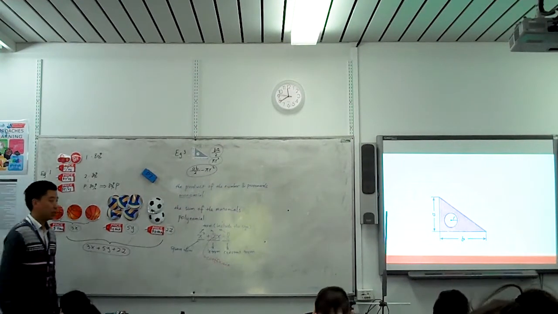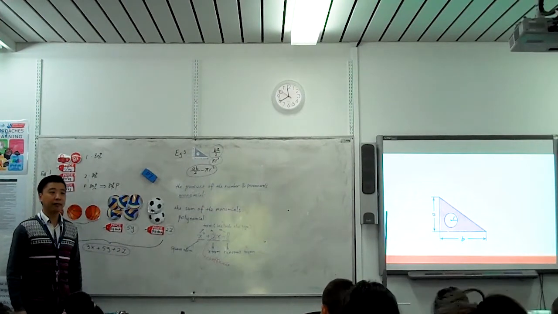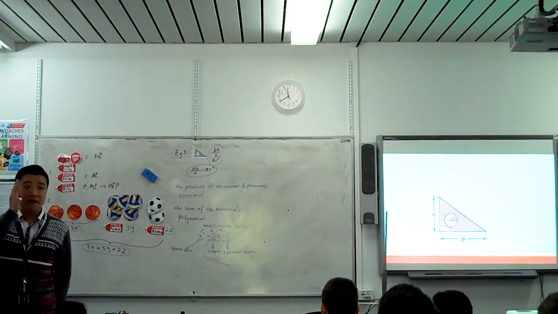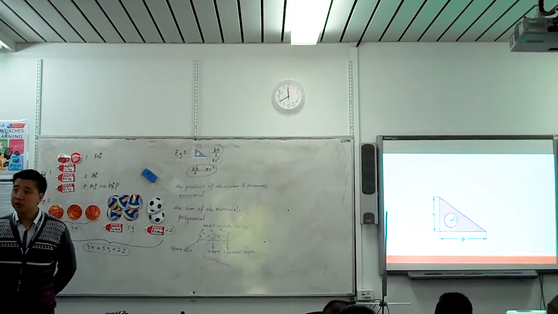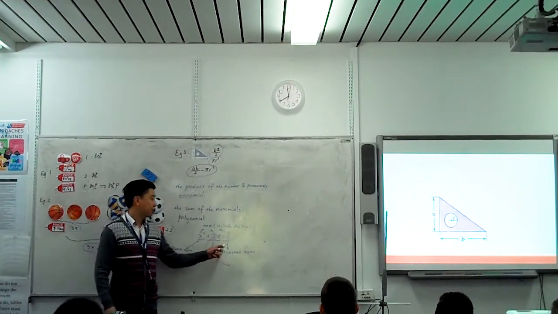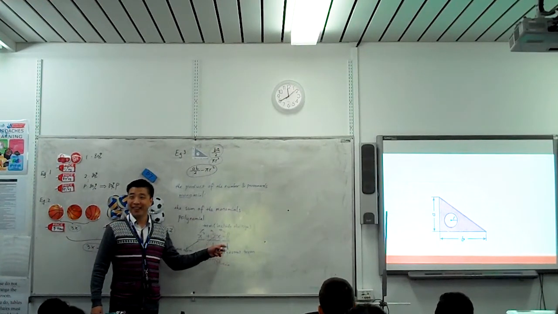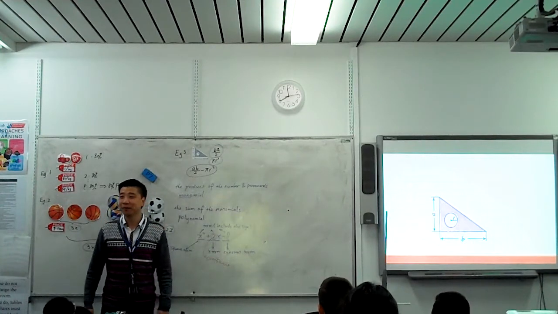So the coefficient of the x term is 2. I'll say that again. Coefficient means the value or the number in front of the pronumeral. I want you to tell me what is the coefficient of the constant term?